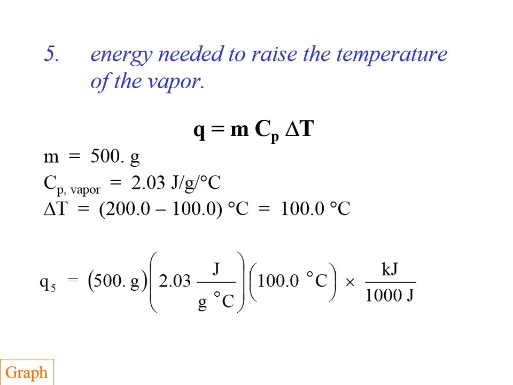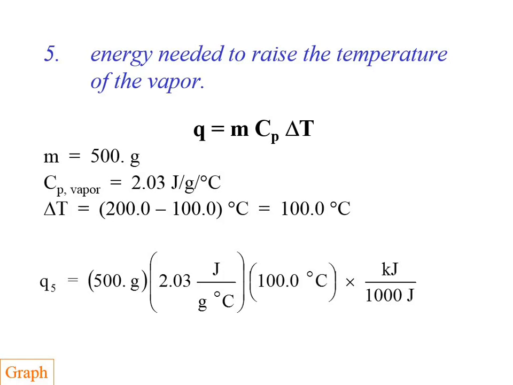So for our last Q, it's going to be the mass, which is still 500 grams. The specific heat of water vapor is 2.03 joules per gram degree Celsius. Our final temperature is 200, our initial temperature is 100, so our delta T is 100 degrees Celsius.